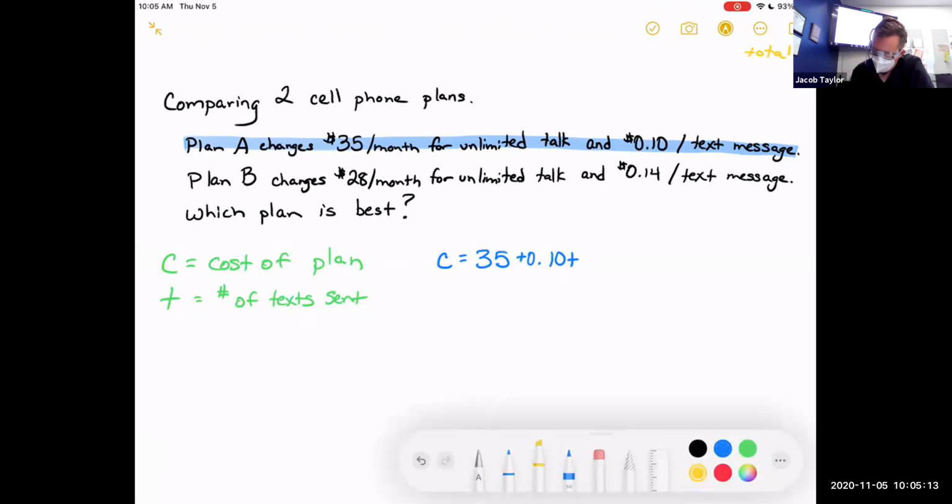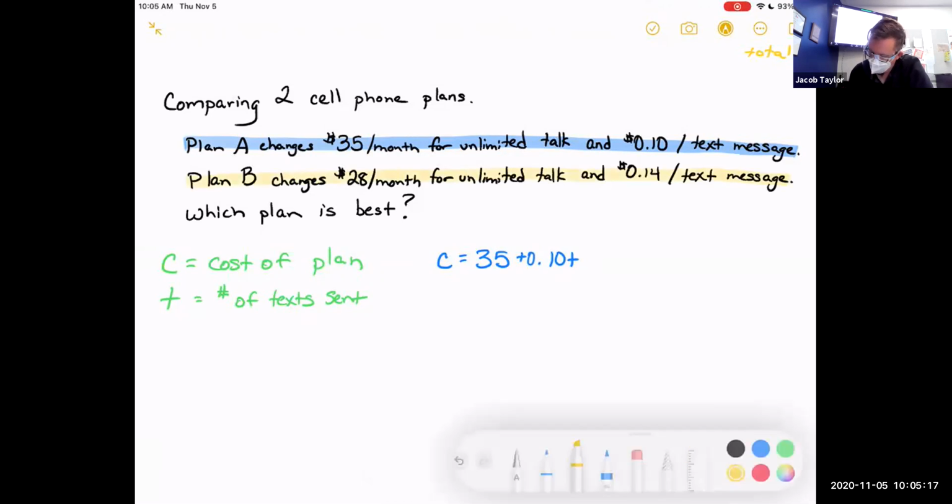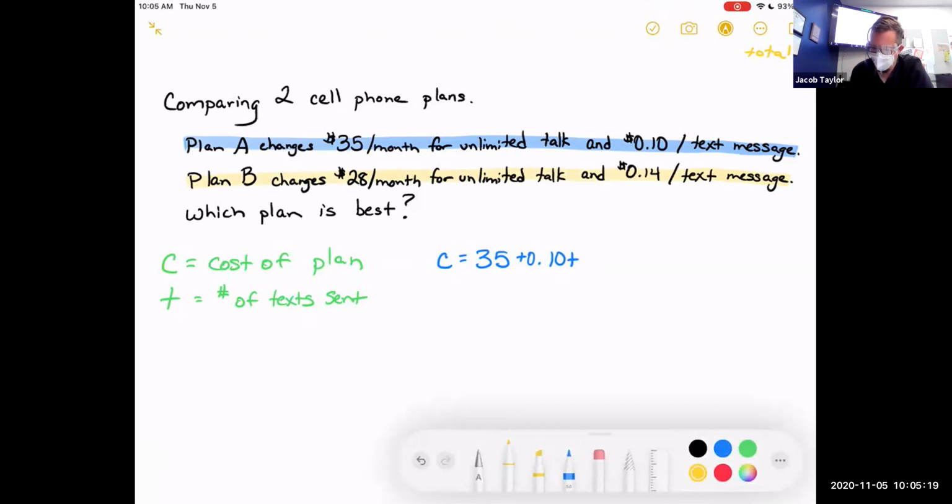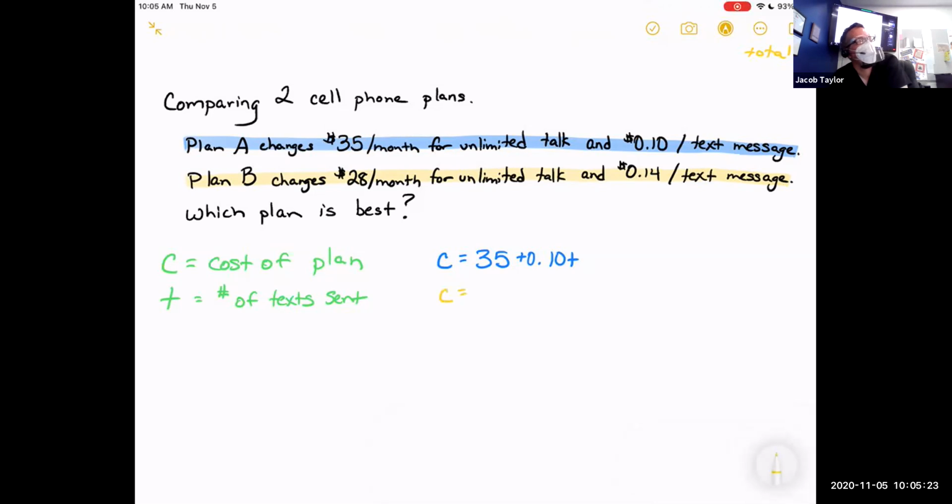What about plan B? Somebody besides Shelby? No, sorry, Shelby, your name is Shelby. Somebody besides Shelby. Even the counselor can do it.